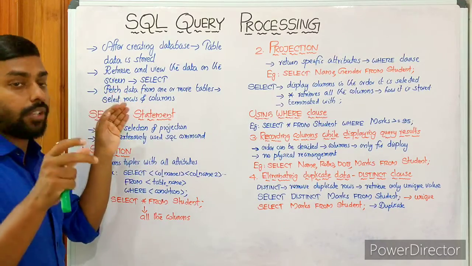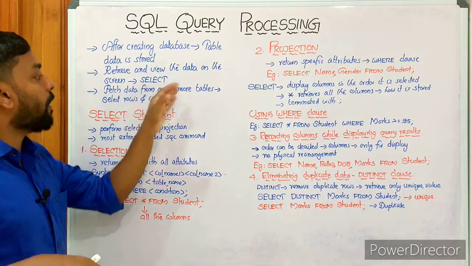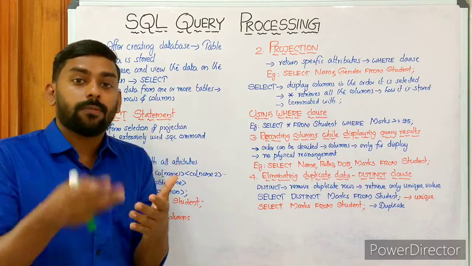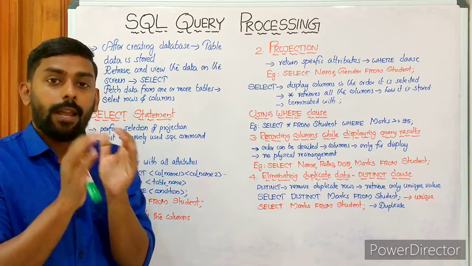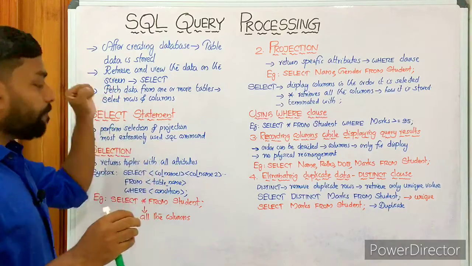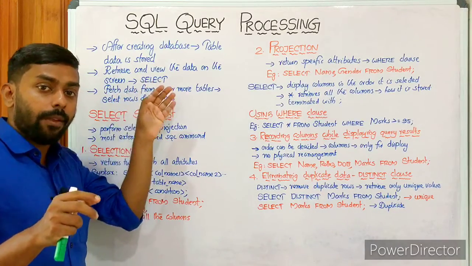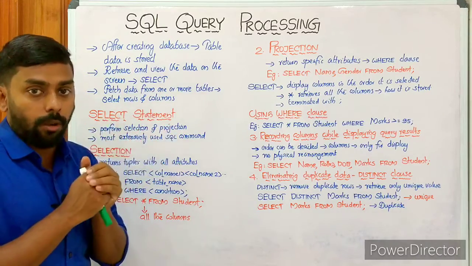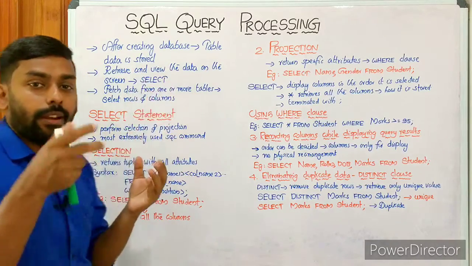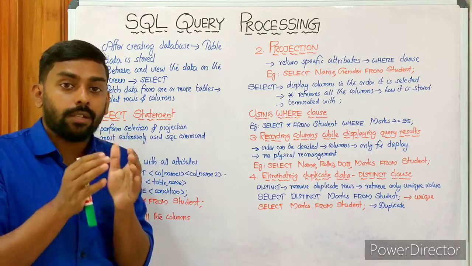Then it's used to fetch or retrieve data from one or more tables, which can be used for selecting both rows and columns. Of course it's about a table, right? A table contains rows and columns, so it's used to fetch data from multiple tables as well as both rows and columns. So this is the basic idea, the basic concepts related to select.